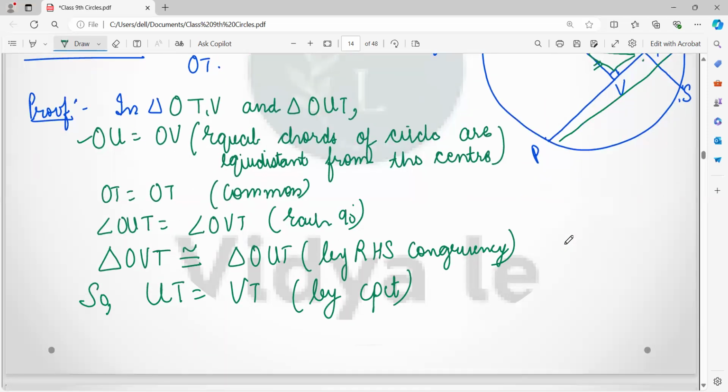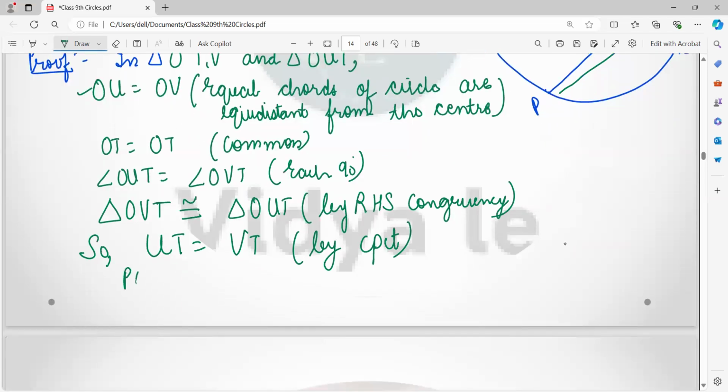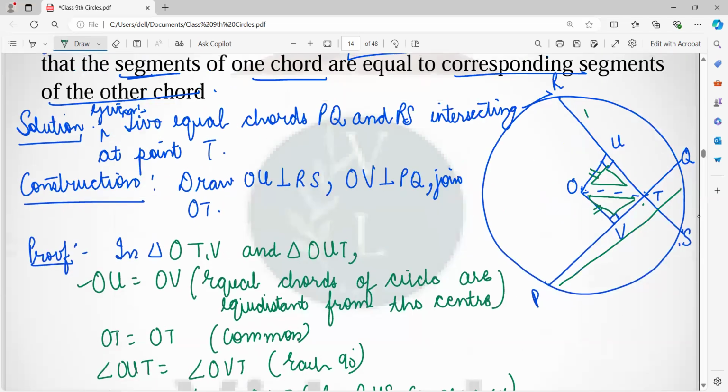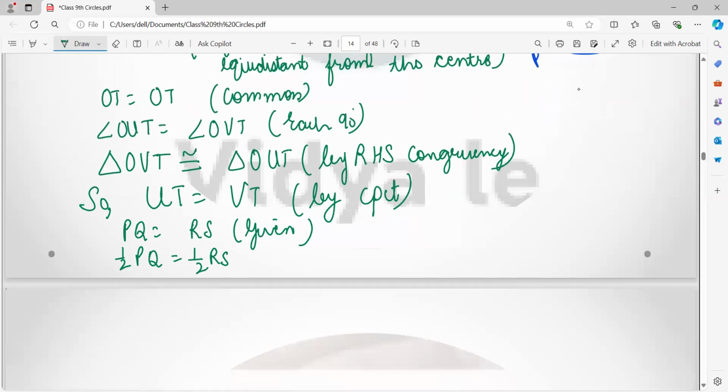The chords are equal. If both the chords are equal, the halves of the chords are also equal. So half of PQ is equal to half of RS. Now, half of PQ is PV, half of RS is RU. So PV is equal to RU.